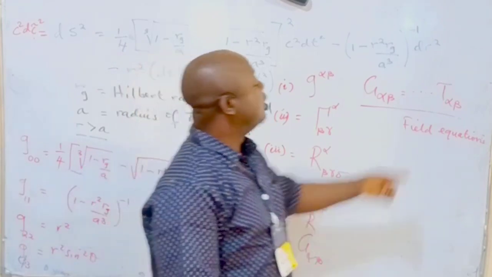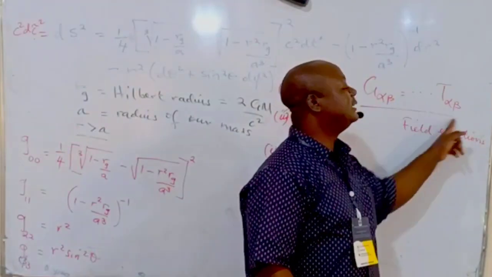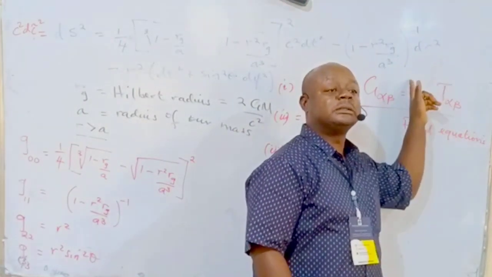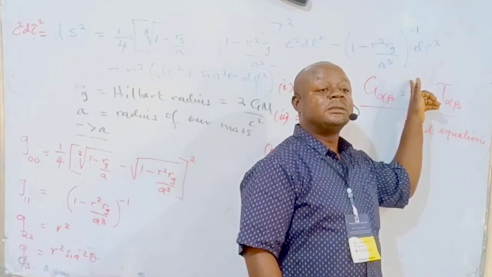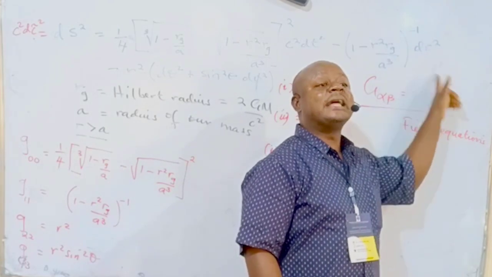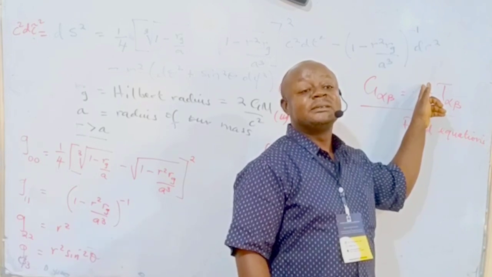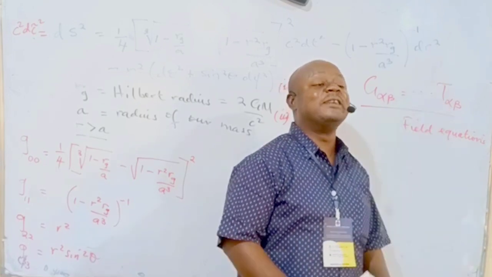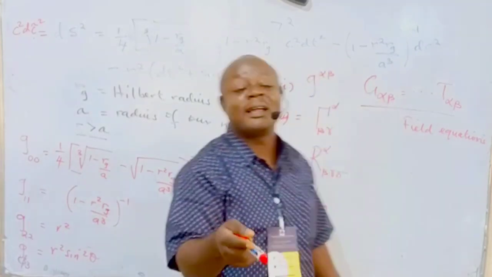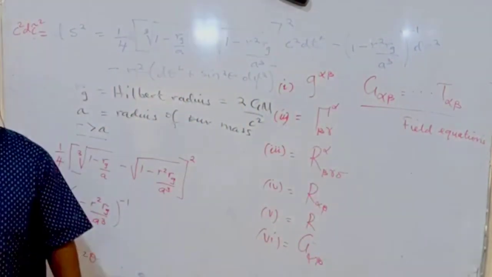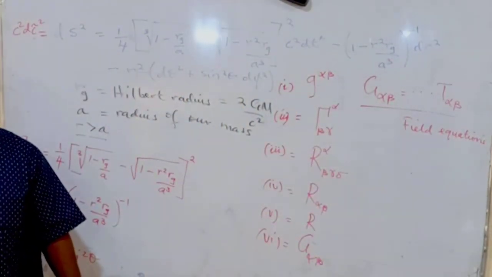So you now need to assume whether your star is a perfect fluid or not. Okay? The right hand side cannot be 0 in this case. Because if the right hand side is 0, then you are assuming that there is nothing inside your star, which is wrong physically. Okay?